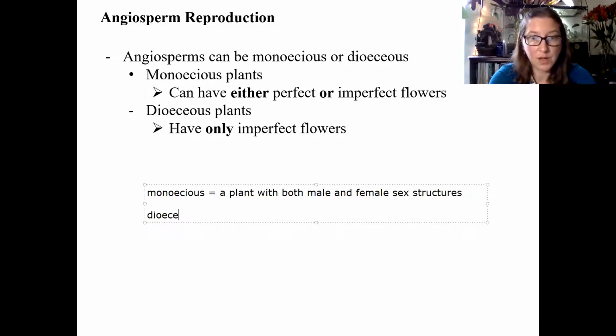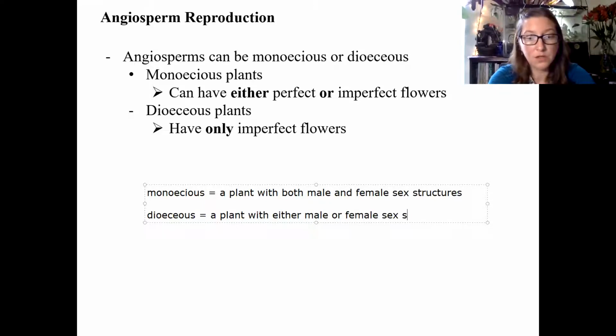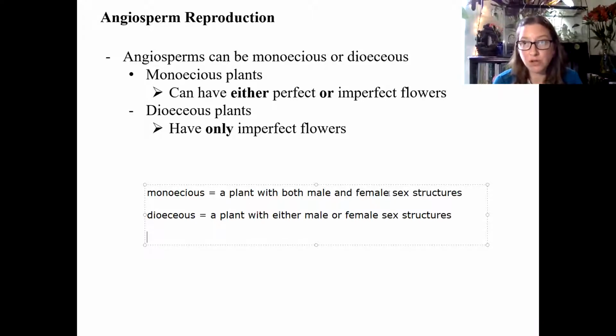Dioecious is a plant with either male or female sex structures. So if you're a monoecious plant, you have on your plant both male and female sex structures.